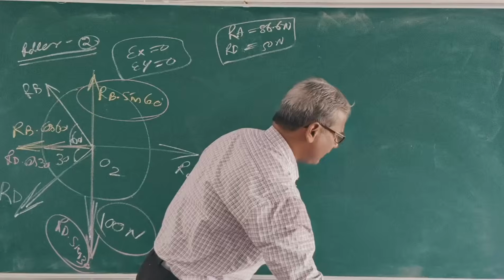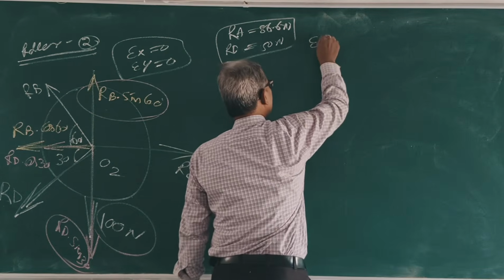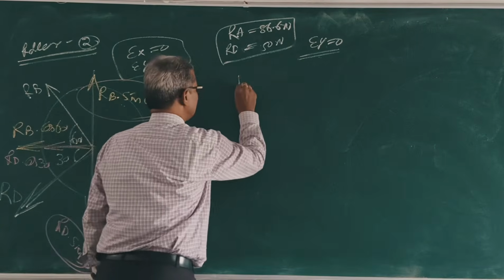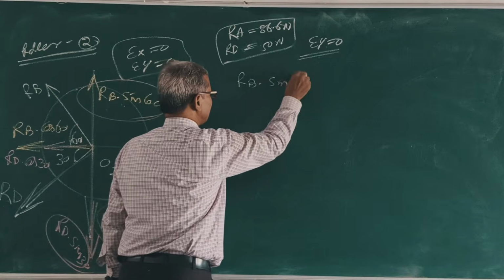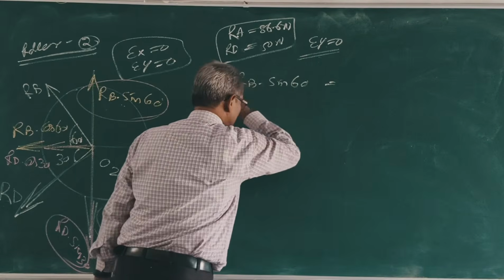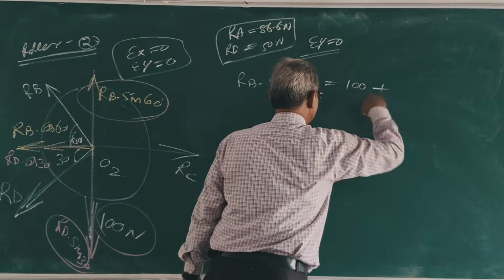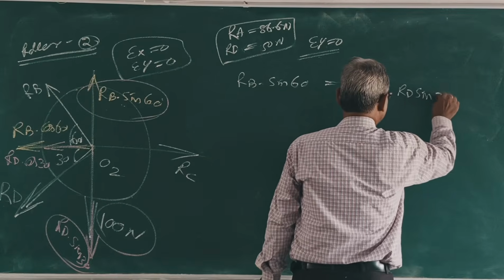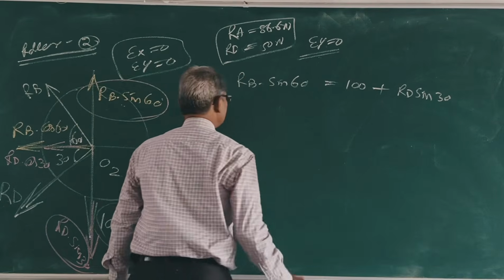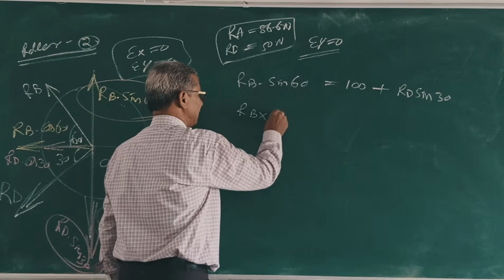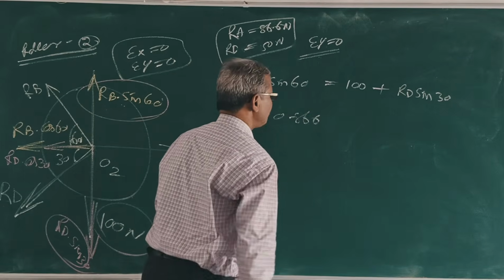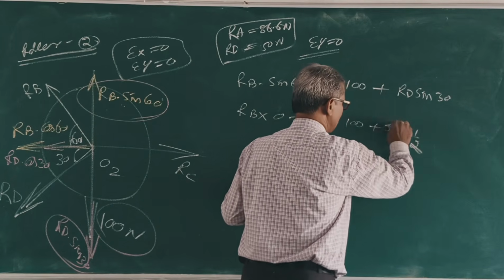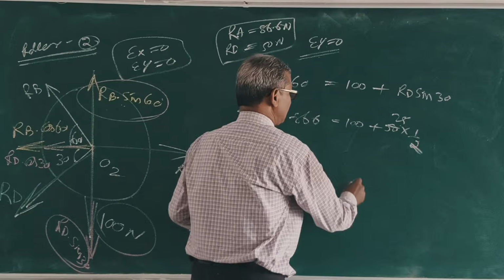So first equating sigma y is 0. What is sigma y? RB sin 60 is equal to 100 plus RD sin 30. So RB into, what is sin 60? 0.866, equals 100 plus RD, 50 into half, which is equal to 125.